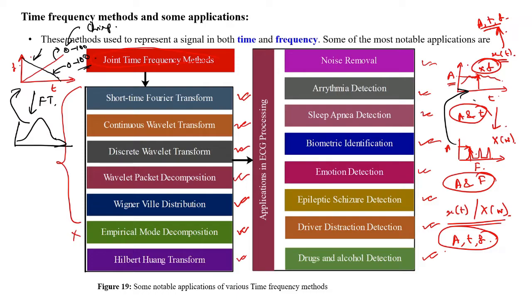All the signals generated by the human body are non-stationary and aperiodic signals. So how can we use Fourier transform?